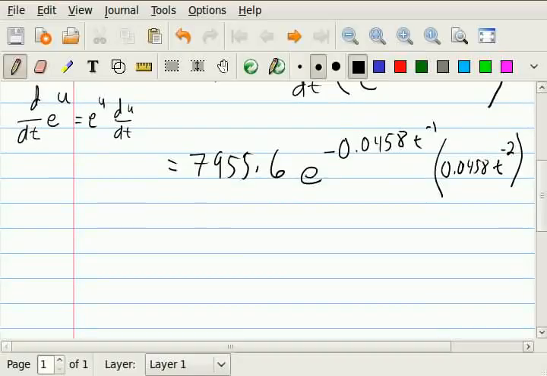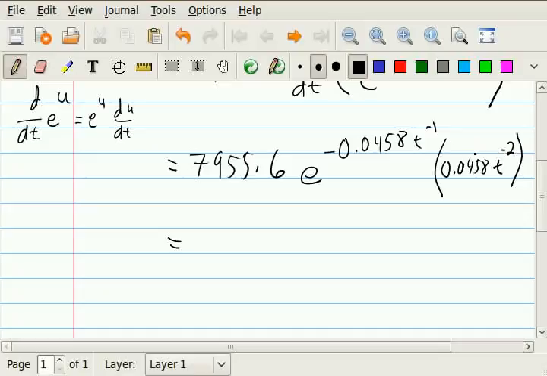Okay, so we need to probably simplify this a little bit. One thing we can do is combine those two numbers, the 7955.6, and multiply it by this 0.0458.